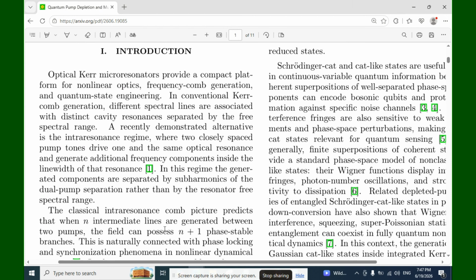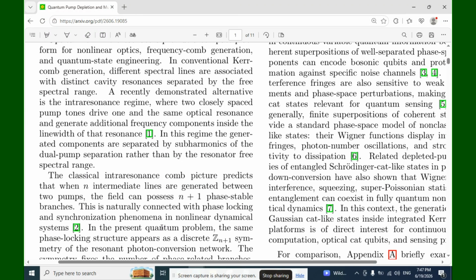In this regime, the generated components are separated by subharmonics of the dual pump separation rather than by the resonator free spectral range. The classical intra-resonance comb picture predicts that when n intermediate lines are generated between two pumps, the field can possess n plus one phase-stable branches.